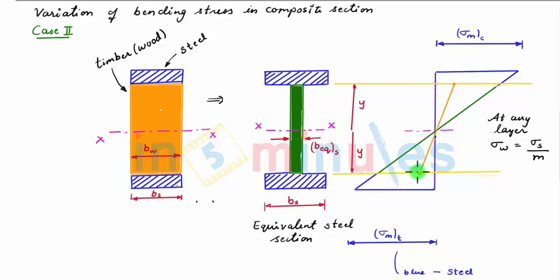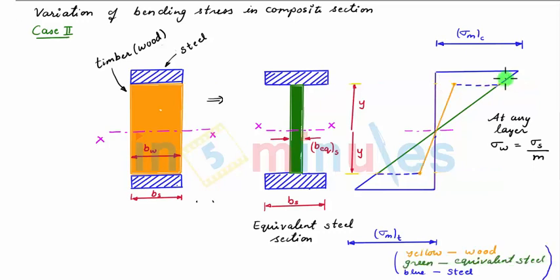So your actual bending stress variation curve of this composite section will look like this, where the solid blue line and yellow line denote the actual bending stresses, whereas the line denoted by green denotes the stresses in the equivalent steel part of this wooden section, which is not real and has been substituted only for analysis.